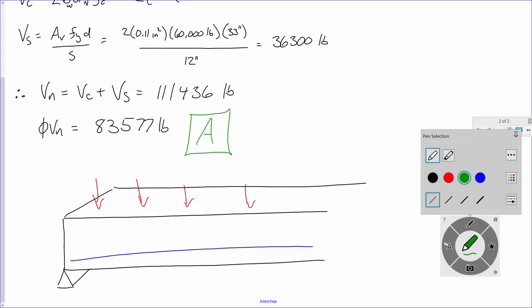I am assuming, remember, that those cracks occur at around a 45-degree angle, right? So it's going to crack about something like that. So my stirrup inside the beam, let me make it red, looks something like this.